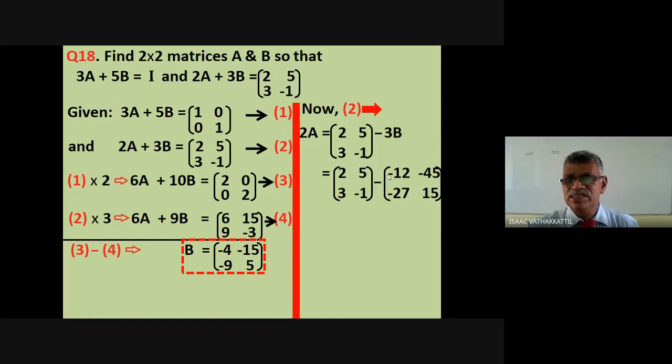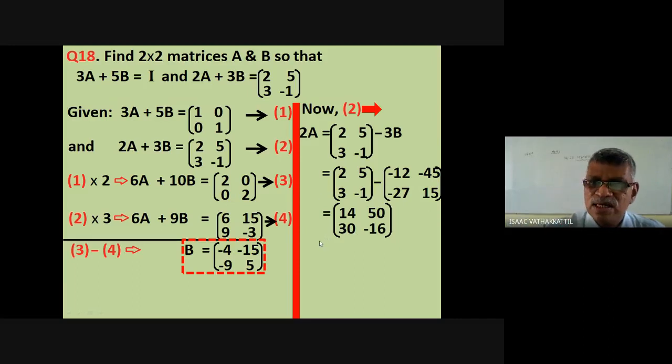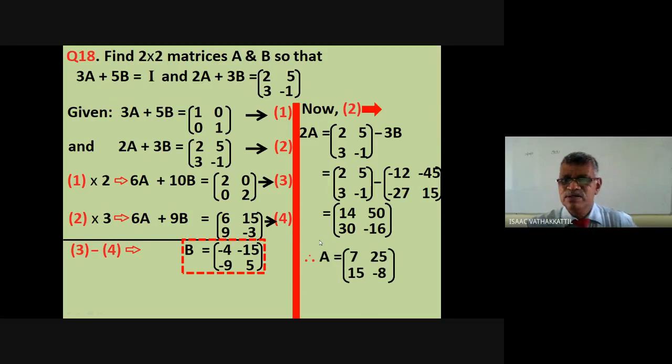Now simple calculation. 2 minus minus 12 is 14. 5 minus minus 45 is 50. 3 minus minus 27 is 30. Minus 1 minus 15 is minus 16. That is 2a. So what is a? 7, 25, 15, minus 8. You got a and b.